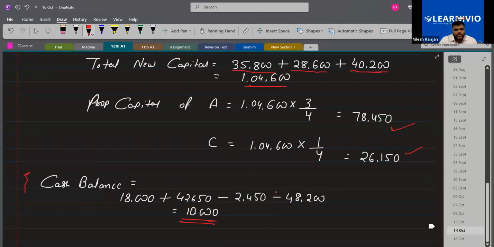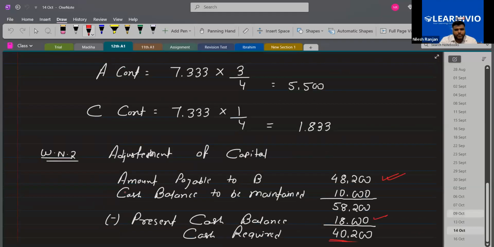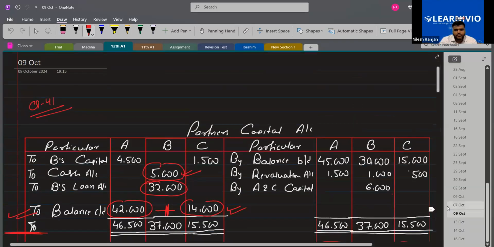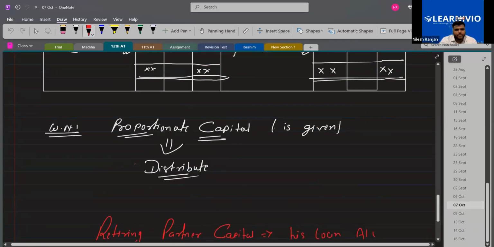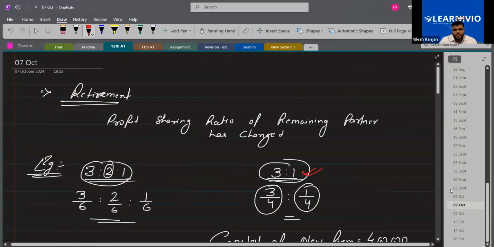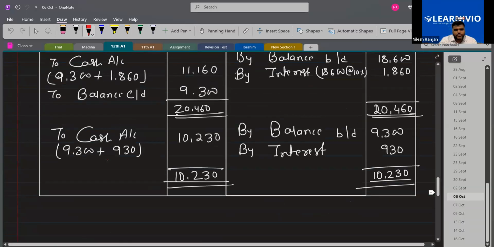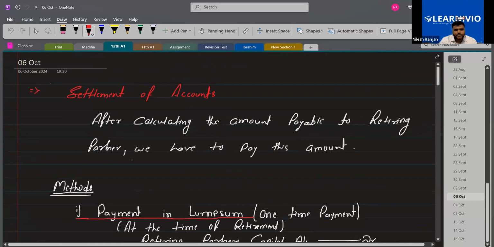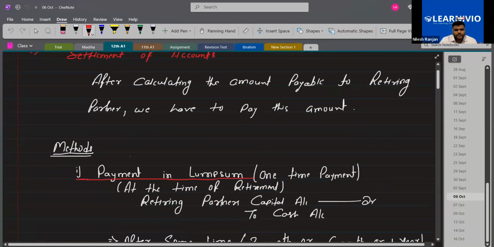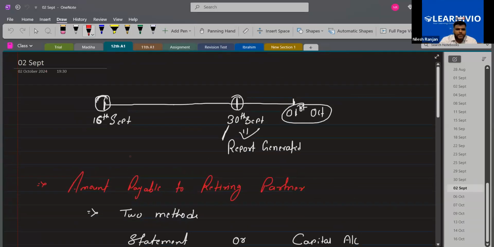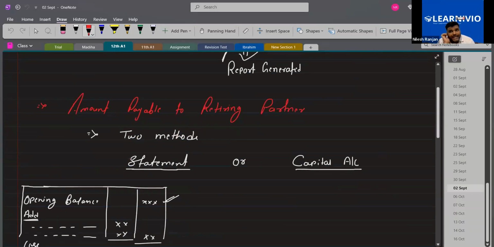In retiring partner, amount payable. This is adjustment of capital. Yes, this is the amount payable to retiring partner.